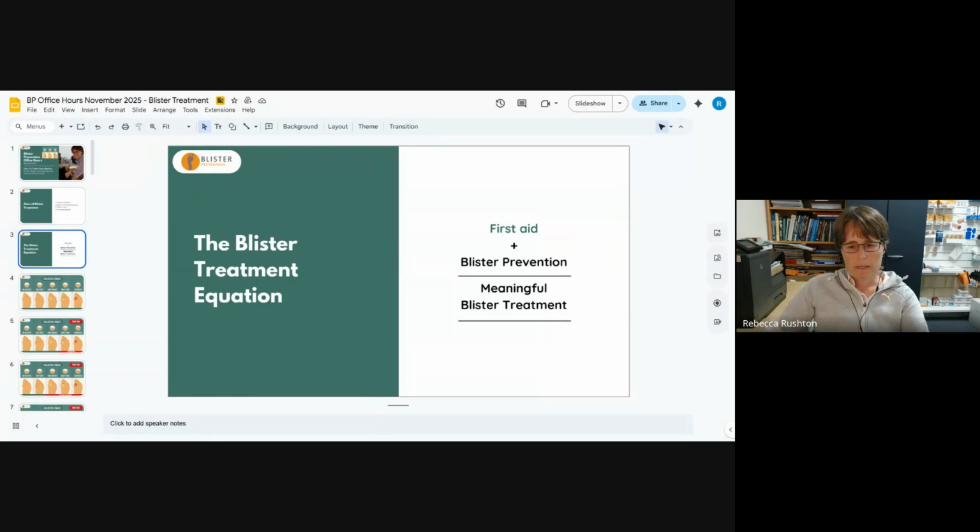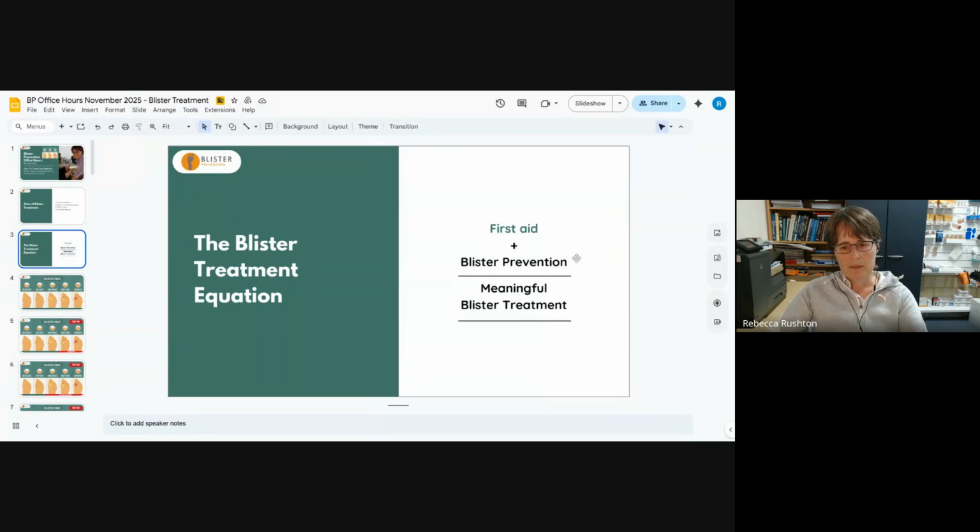So if you think about this blister treatment equation, if we were to give all the blister preventions a number in terms of effect, let's say between 1 and 5, the bigger the number that you choose as your prevention, the bigger the meaningful blister treatment. So the more effective it will be at achieving those aims that we're looking for.